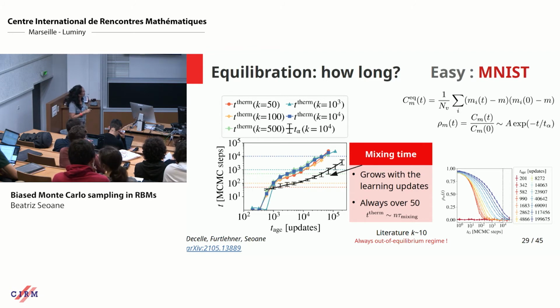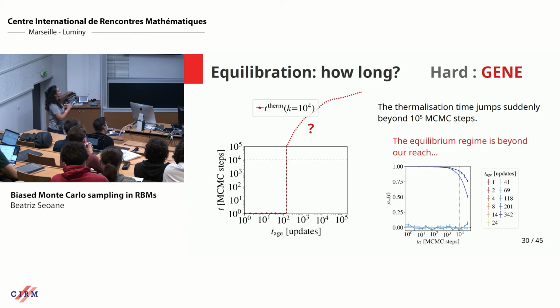And this is quite problematic, because for MNIST we need at least 50 steps to thermalize, and the literature normally uses of the order of 10. So almost all the work that has been done on this has been done in the non-equilibrium regime, not in the equilibrium regime.